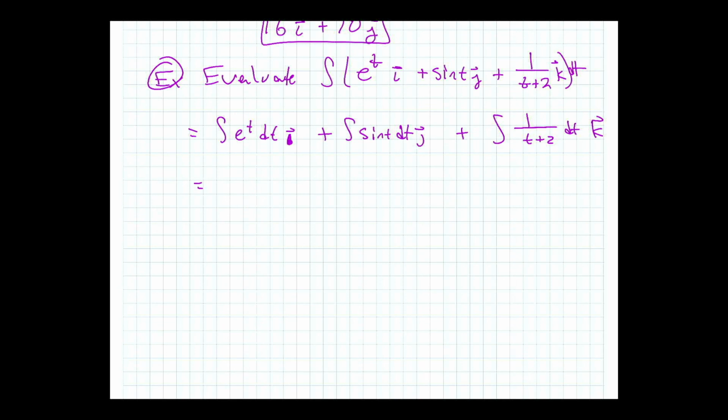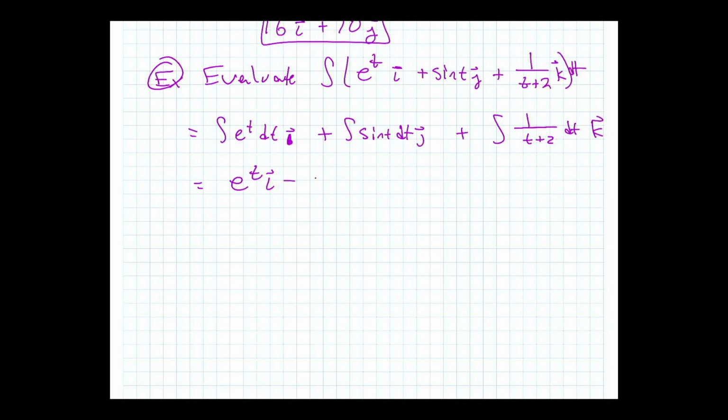So you just do these antiderivatives one by one. So what's the antiderivative of e to the t dt? Of course, it's just e to the t, right? So you have e to the t i. Here we got the antiderivative of sine t dt. Of course, the antiderivative of sine t is negative cosine.